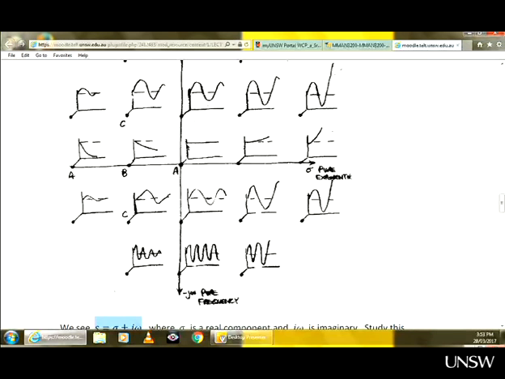If you have a small perturbation, the question is, with the aircraft, does the aircraft return back to equilibrium? Then it is stable. Does it deviate away from the equilibrium? Then it is unstable. Or if it resumes a new equilibrium, as in this case, then it is neutrally stable.